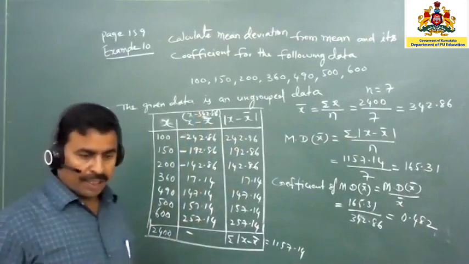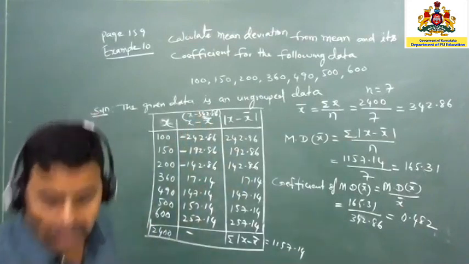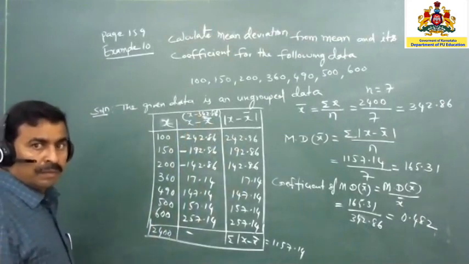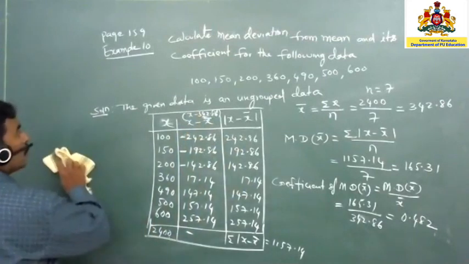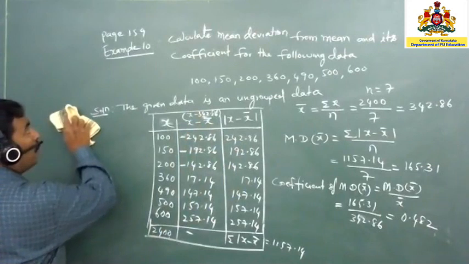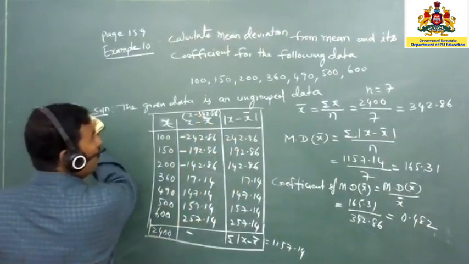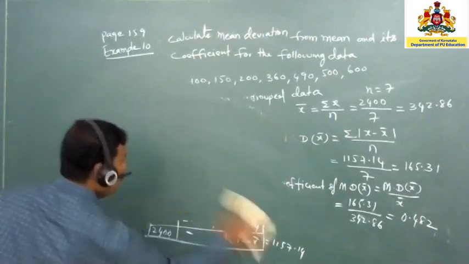So next, Example 11. It is for median. I'll explain.